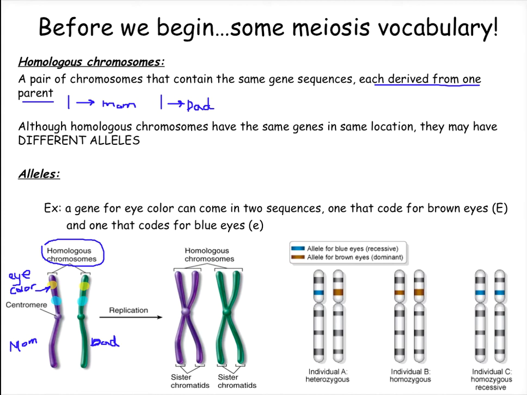And so what that means is, if this one's the one from your mom, then when you duplicate your chromosomes before cell division, you have the one from your mom and also a copy made during S phase. That's the one from your mom, and then that's the copy of the one from your mom.